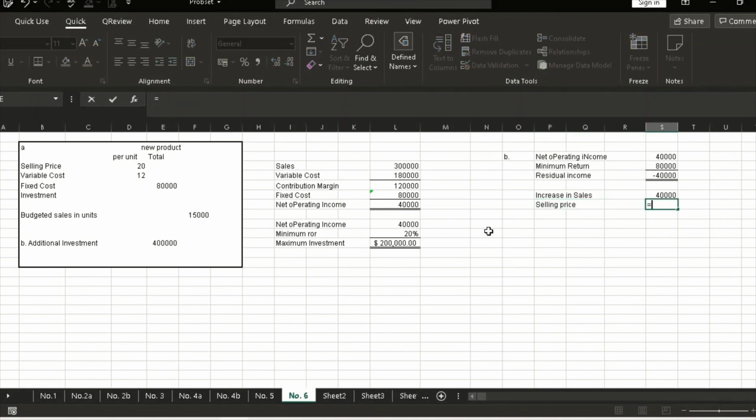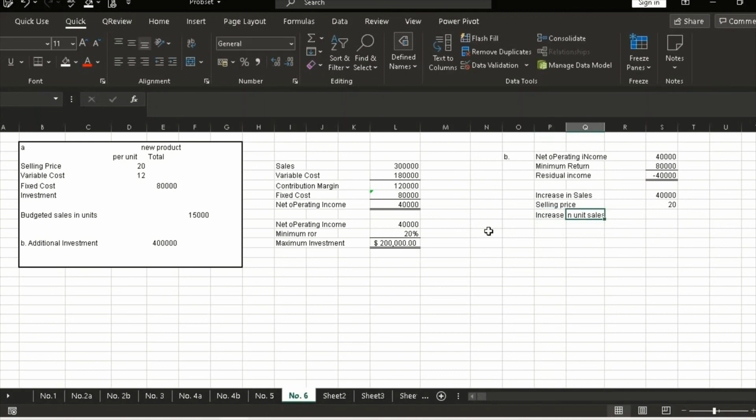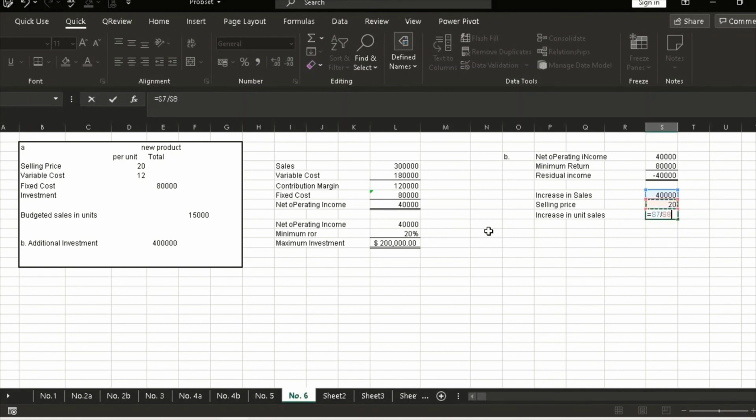The selling price of the existing product is given at $20 per unit. By dividing the increase in sales by the selling price, we will get the required increase in unit sales. In this case, the required increase in unit sales is 2,000 units.